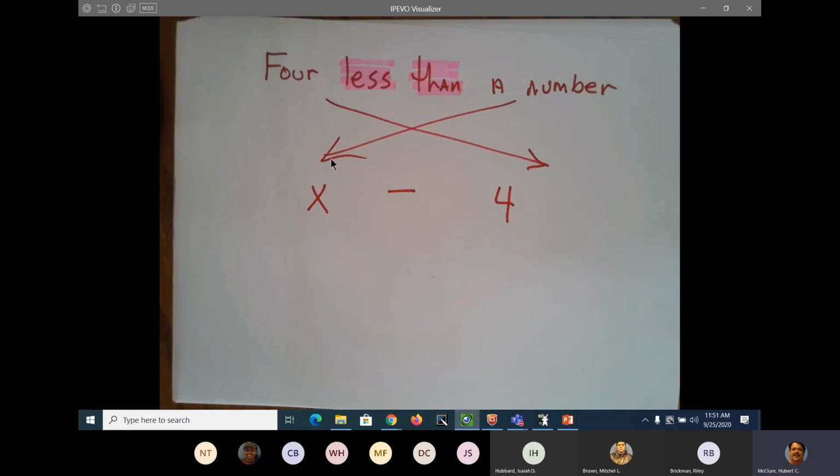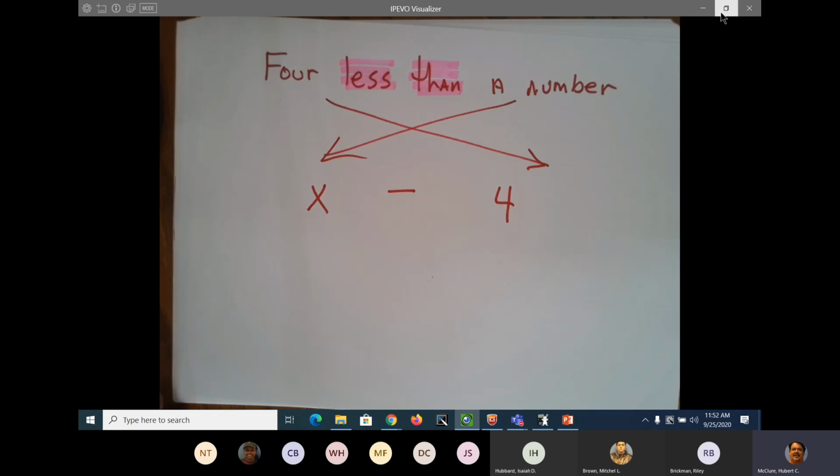When you see less than, that should be a little flag that goes up: oh, I need to crisscross. Make sure you do that, because if you put the 4 first and then the negative and then an X, you're making the X negative and the 4 positive, which is the opposite of what you've got right here. So you've got to make that distinction.